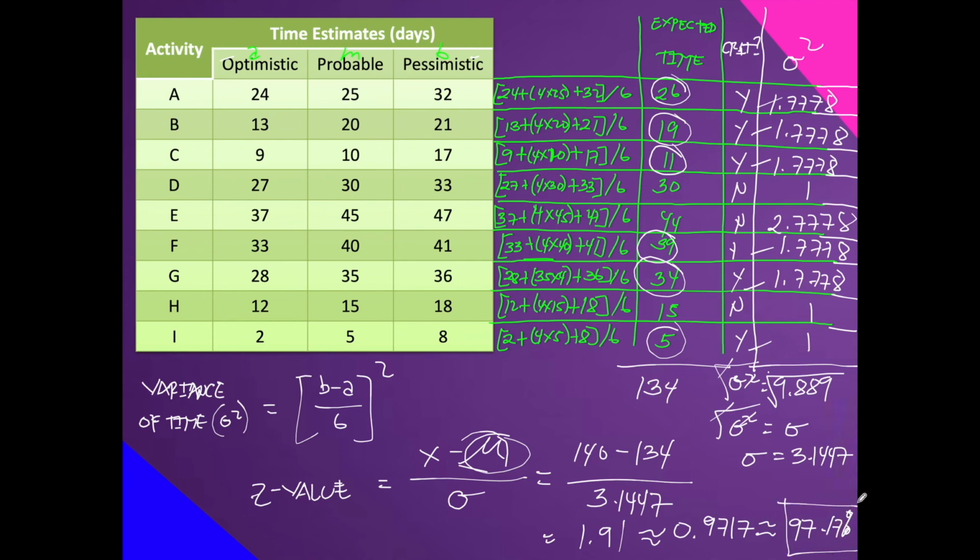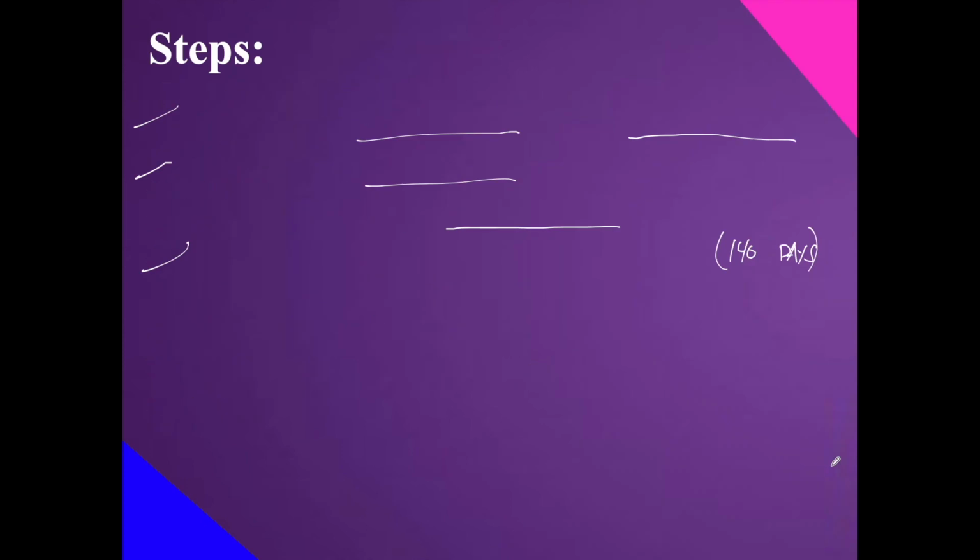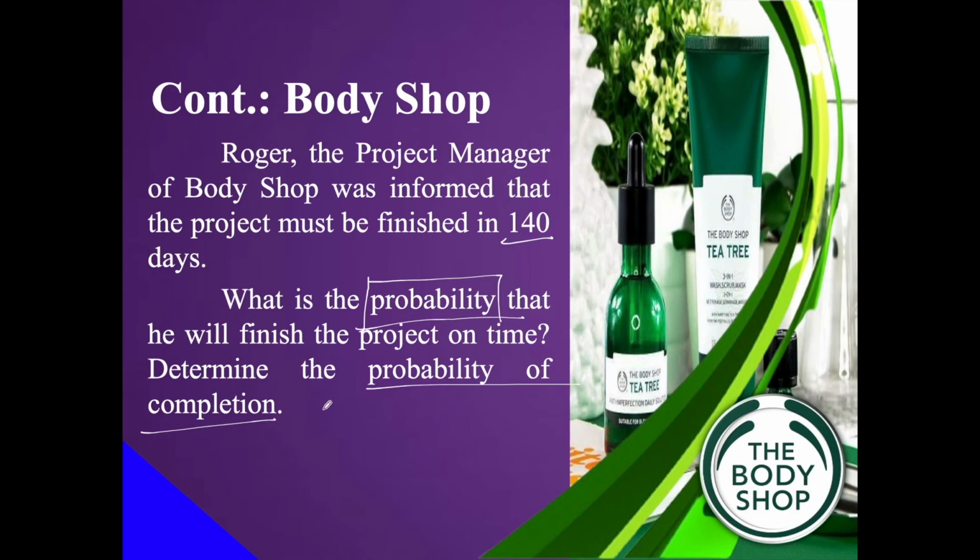This is now the probability of completion asked in our problem. It is obvious the chance is very large, even without solving statistically. We saw that 134 days is when it finishes and the due date is 140. So we still have 6 days of allowance for any negative events.